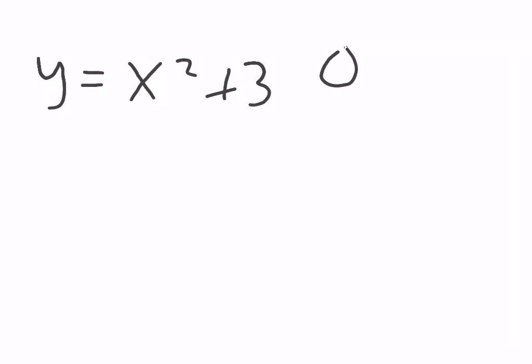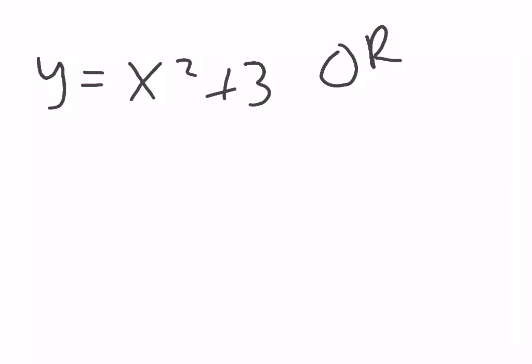I want you to take a look at number 11 on that page. It says y equals x squared plus 3. This is a little bit harder only because of our domain and range rules. Now, remember when we were talking about inverse, this is my original relation.